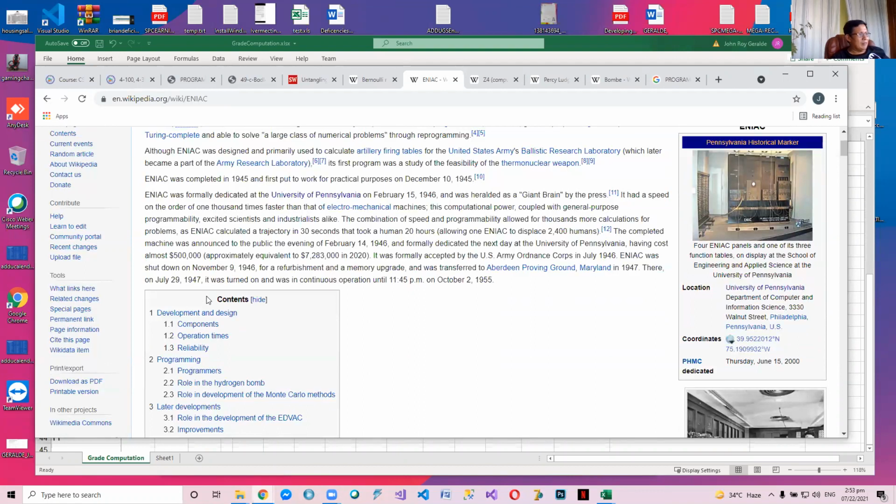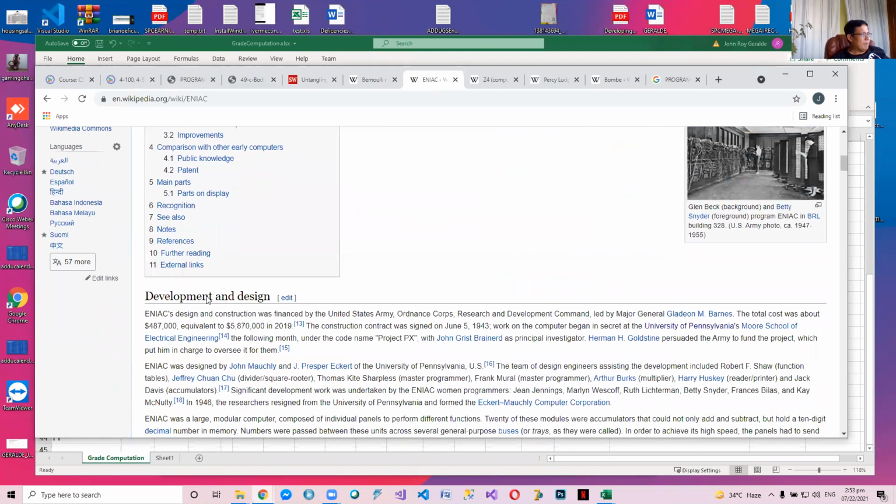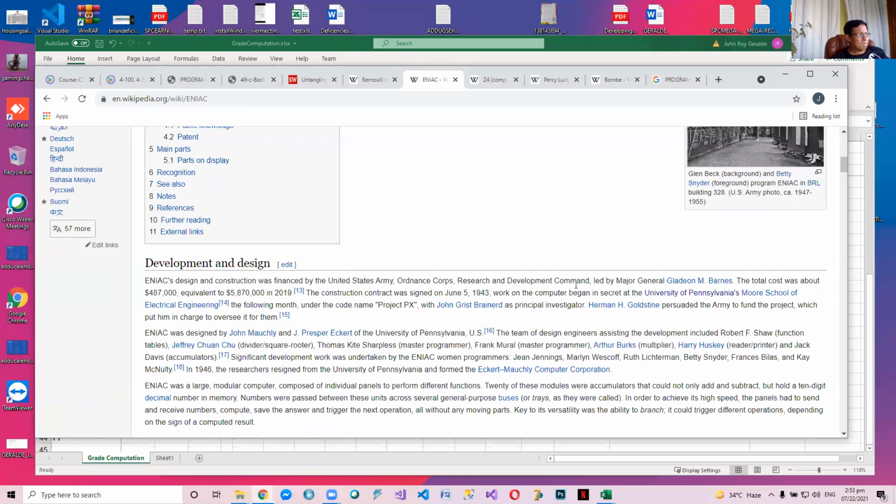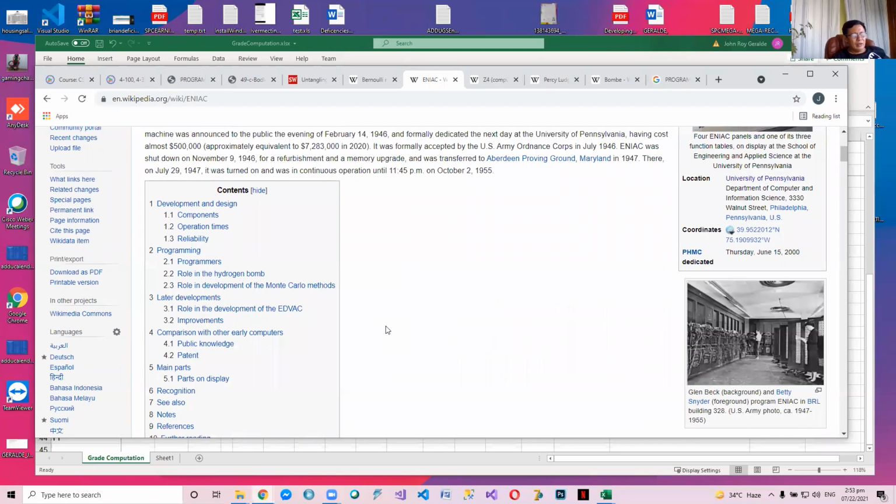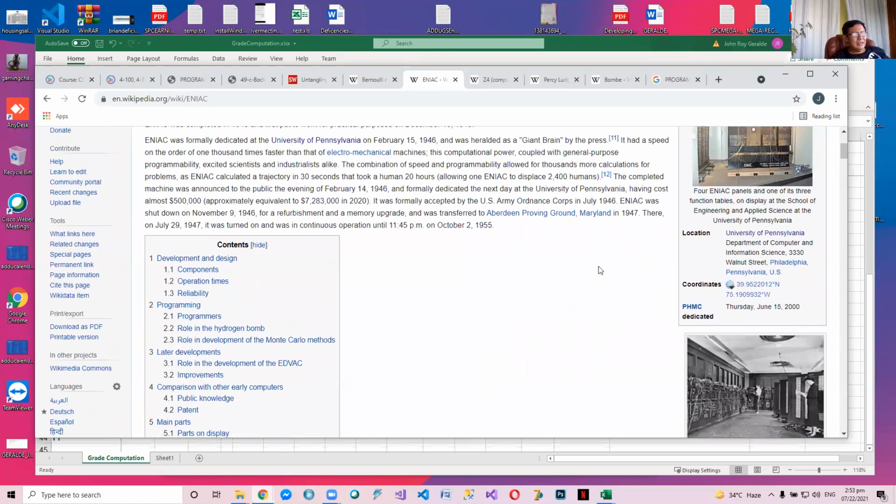(1945) for use by the Army. It's not written here. ENIAC was designed by John Mauchly and J. Presper Eckert, Penn State University School of Engineering. Now, Penn State is very popular until nowadays. It's where Donald Trump finished college. So they have Wharton School of Economics, and then they have Pennsylvania Engineering.